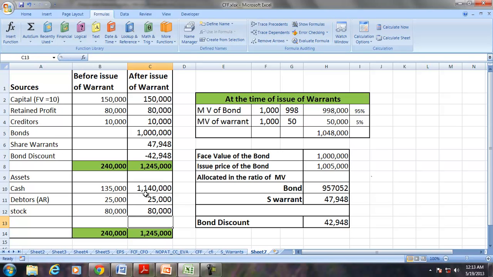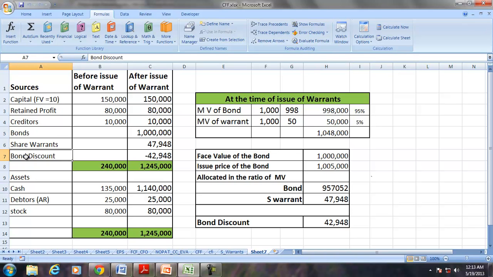So let us recap. The bond will appear at the face value. However, taking into consideration the price and the market value, the value of the bond is 95,000.